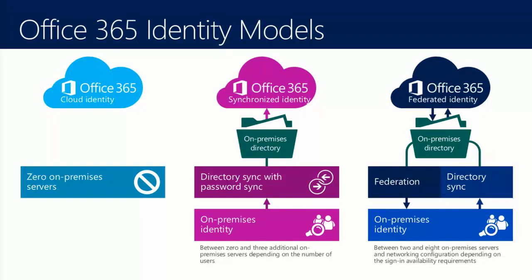So in this model, the cloud never has any reference or access or visibility into the user's password or a derivative of the user's password, and the authentication is done by your existing domain controllers on-premises using Active Directory Federation Services typically. And then a token is sent back to our cloud services that they can use to remember that the user is signed on and that this thing's okay.